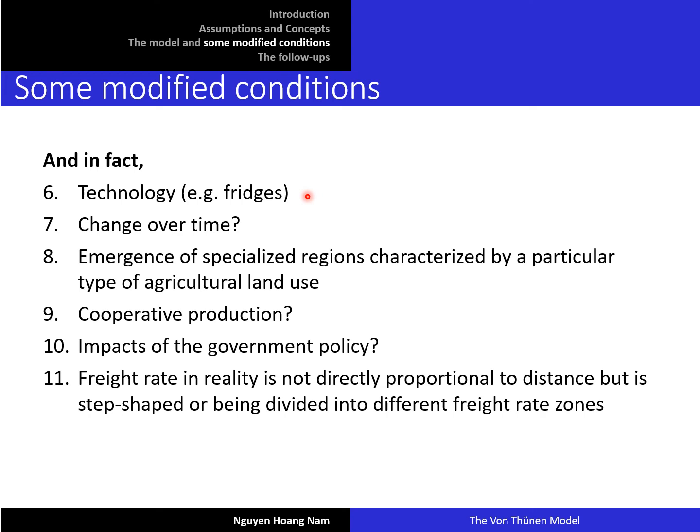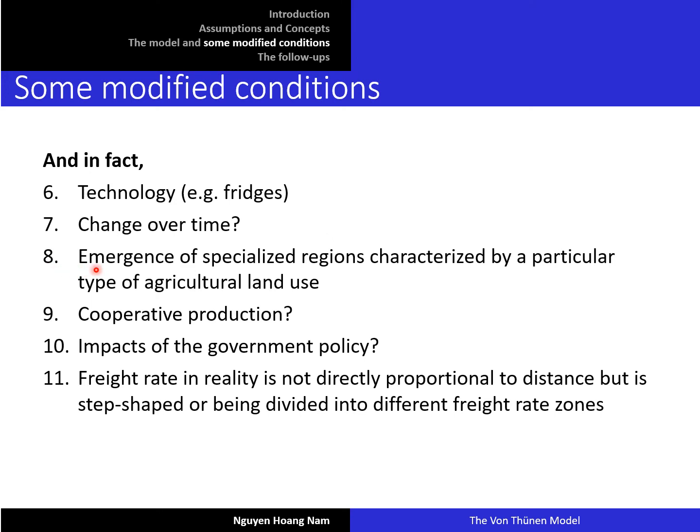Change over time. There are many different factors that can be changed over time, like political impact. Like we have a new policy that people cannot go from part A of the land to part B just because they are not allowed to by the government. So then the cost will be changed.